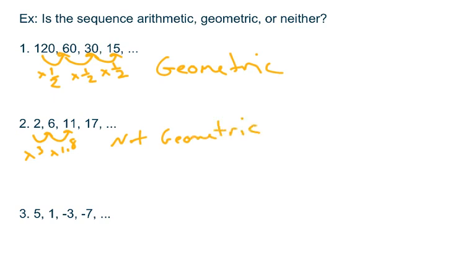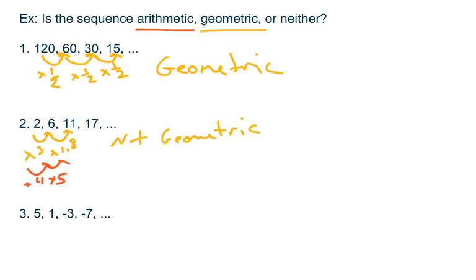Not geometric. Okay, so now let's go check arithmetic. So I'll check my geometrics in yellow, I'll do my arithmetics in red, and then I'll do, if it's neither, I'll write that in blue. Okay, so let's check the arithmetic. So to go from 2 to 6, that would be up 4, plus 4. To go from 6 to 11, well, that's not plus 4, that's actually plus 5.